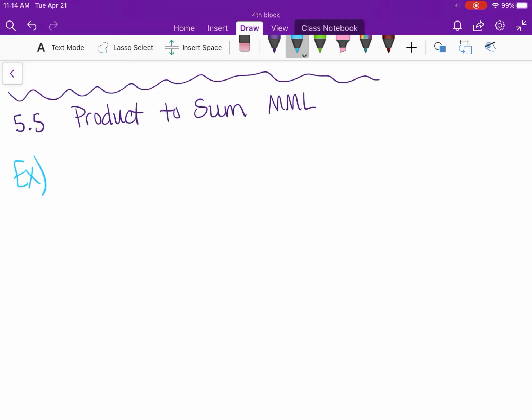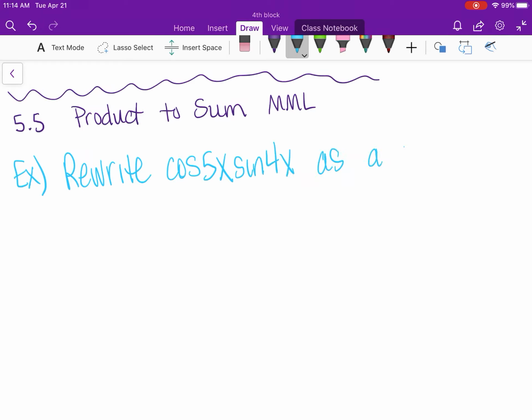All right, so this example says to rewrite cosine 5x sine 4x as a sum or difference.